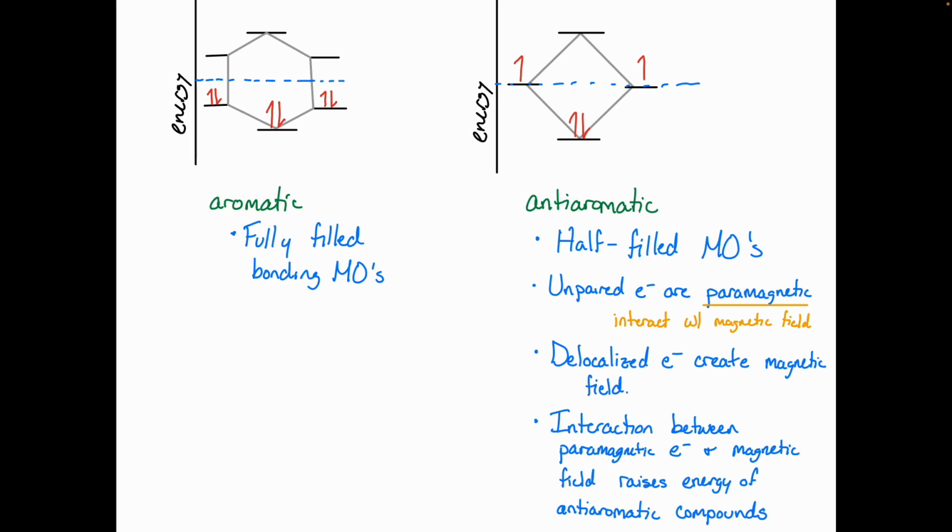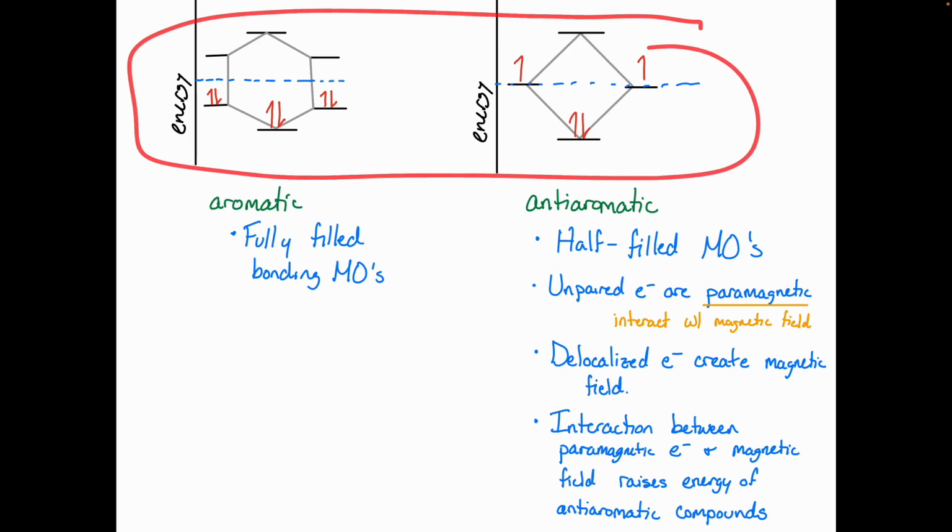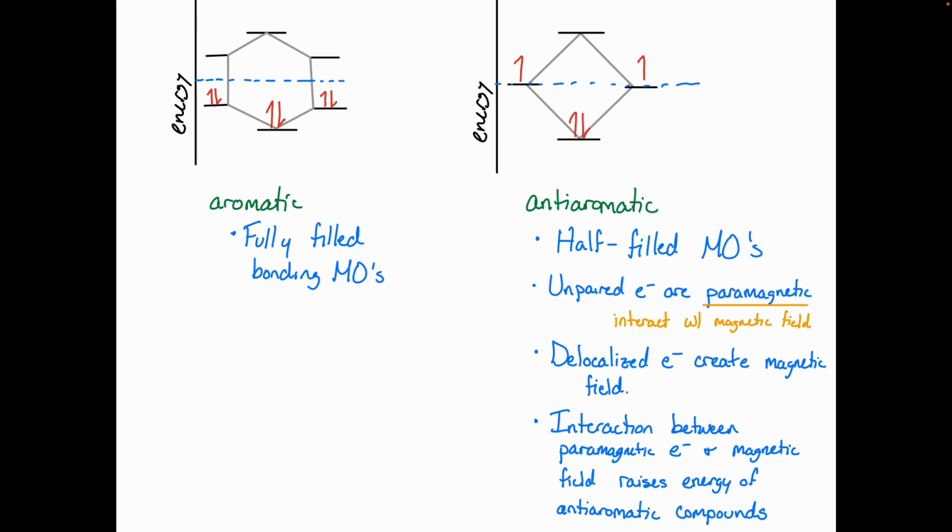Anti-aromatic compounds will always have these unpaired electrons in their MO diagrams, and that's what leads to the instability of that anti-aromatic compound, because those unpaired electrons will interact with the magnetic field created by those delocalized electrons. It's not a super satisfying explanation, I'm going to be dead honest with you, but that is the theory of why anti-aromatic compounds are much less stable. And importantly, we can illustrate that using these MO diagrams here.